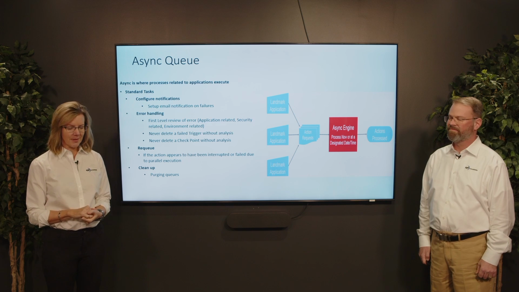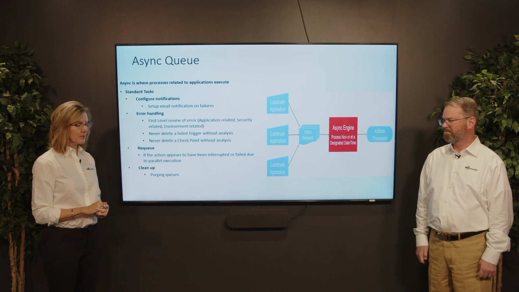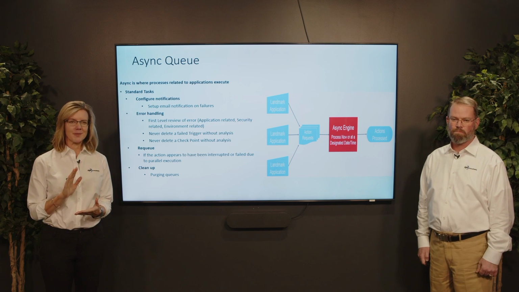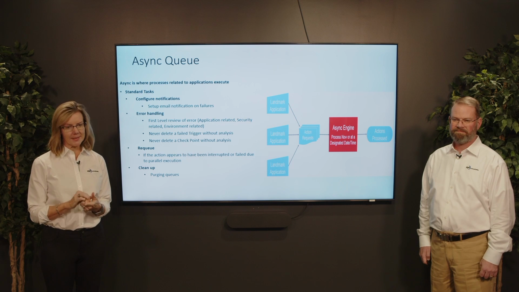So that's a pretty big part, but also the cleanup of those queues, because a lot of time, well, remember, there's multiple queues. There's a default queue, and then there's many other queues that run in Async.